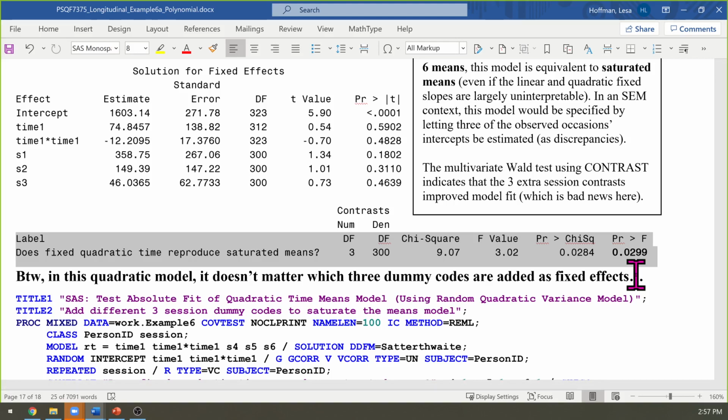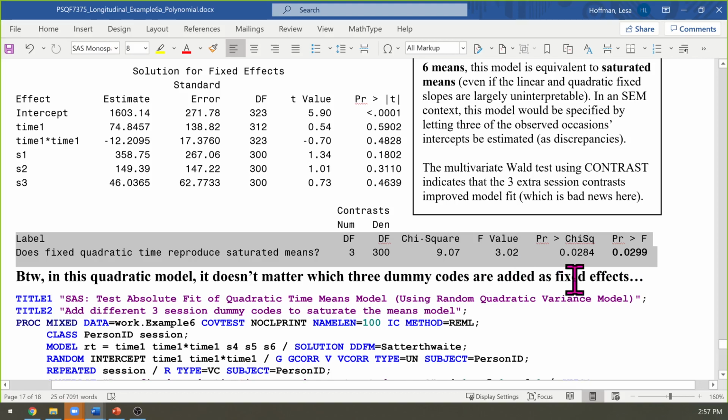It means there was something to be gained by adding in these 3 new fixed effects to literally plug the holes in the trajectory, relative to what the actual means are supposed to be. Womp womp is a technical term. If I could, I'd have a sound effect right here from The Price is Right. Doo-doo, doo-doo, doo, like that sound. Yeah. Womp womp, not to be confused with womp there it is, which is a joyous expression as opposed to a sad one. But yeah, womp womp, technical term.